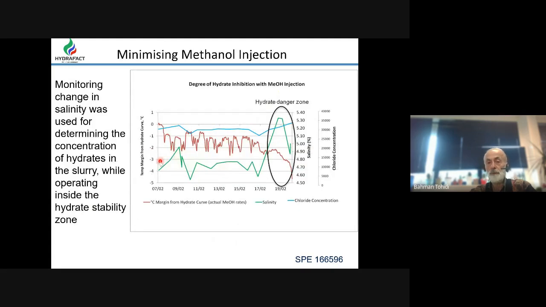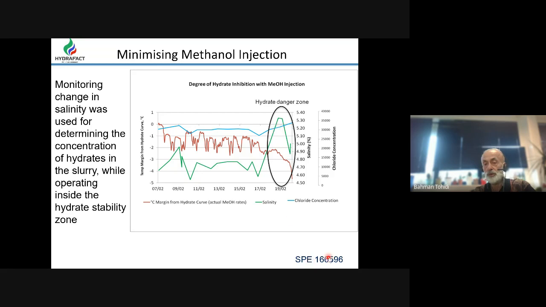Here you can see the concentration of salt. This green line is around the baseline, 4.75. So when you increase it to 5%, it means that hydrate has formed, because hydrate will exclude salt. So the concentration of salt in the remaining water will increase.